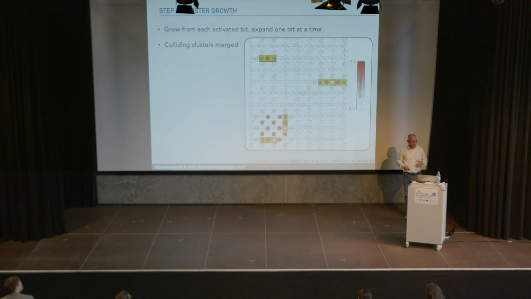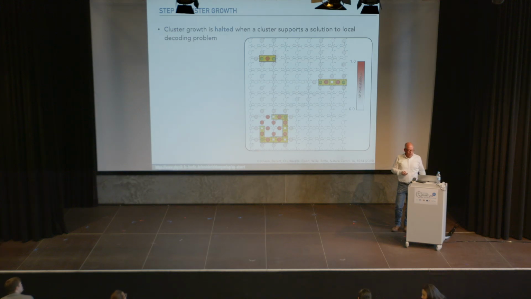Sometimes the clusters can collide, and when they collide, you would merge them into a larger cluster. So this makes larger and larger clusters, and the cluster growth is halted where the cluster supports a solution to the local decoding problem, so that you can locally on the patch solve the decoding problem.